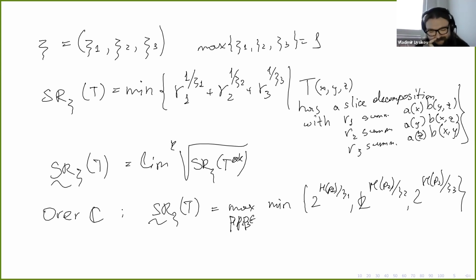It's something which is defined using representation theory. Let's say pi of T. This is a moment polytope.